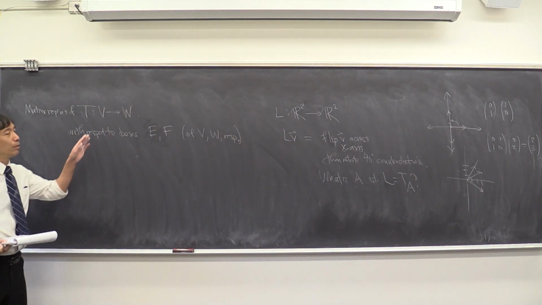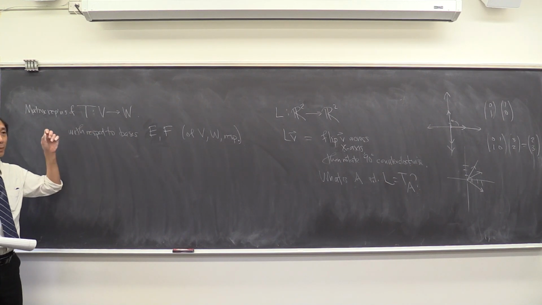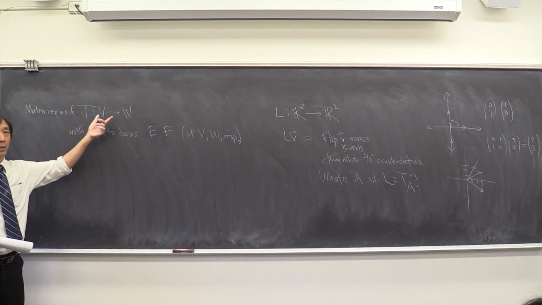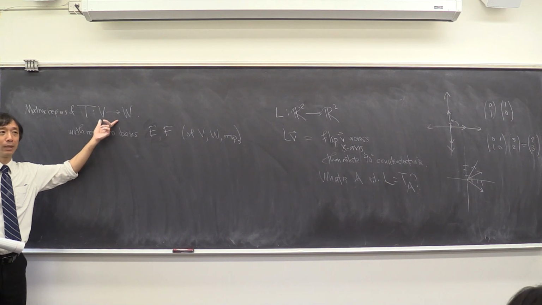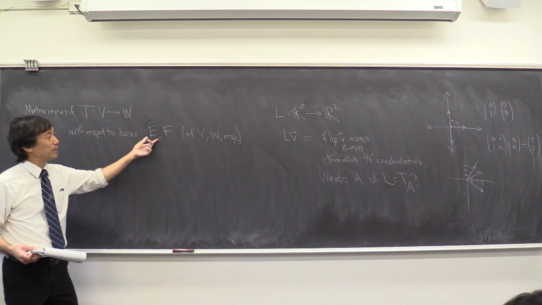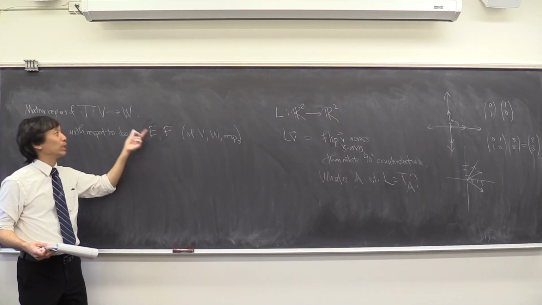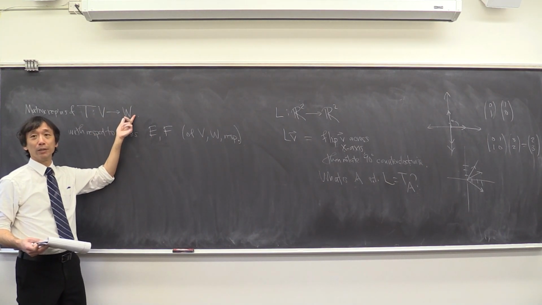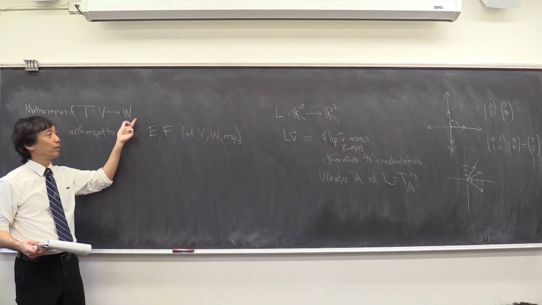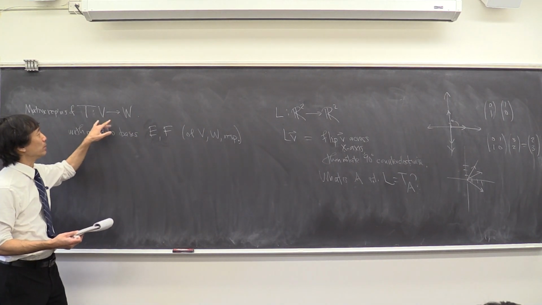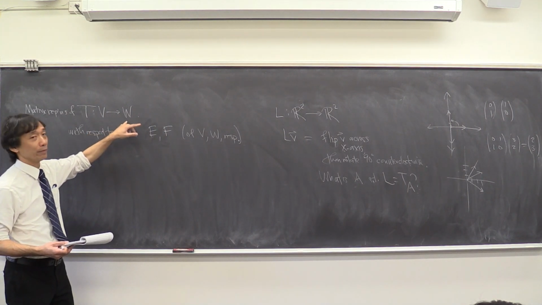Okay, so in order to make a matrix, we're going to need to put coordinates on these vector spaces. So we need bases, right? Once we have bases, we can put coordinate vectors on the vector spaces. So we take a basis E of V, we take a basis F of W.